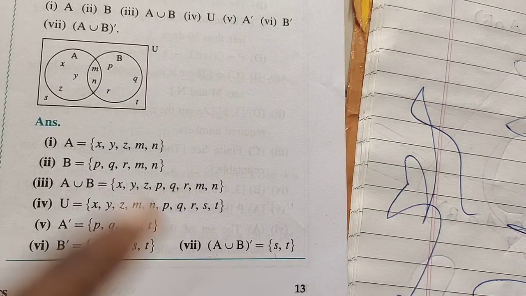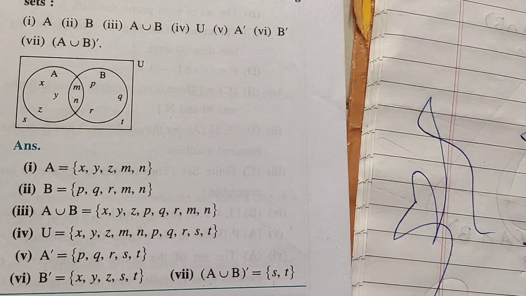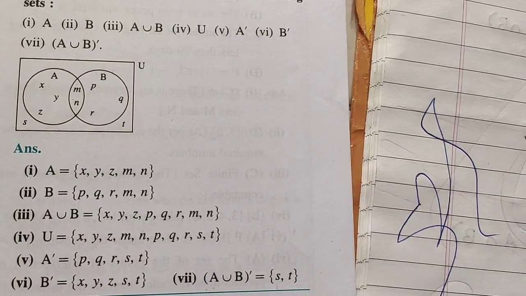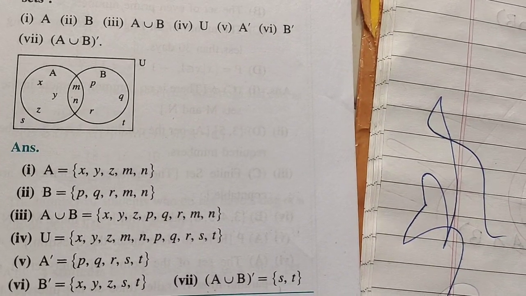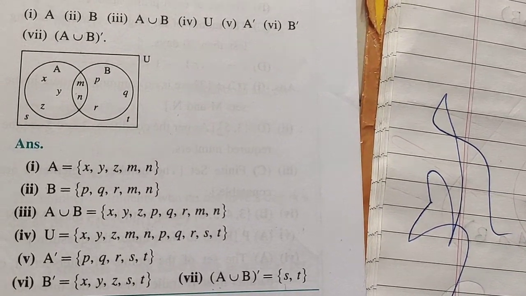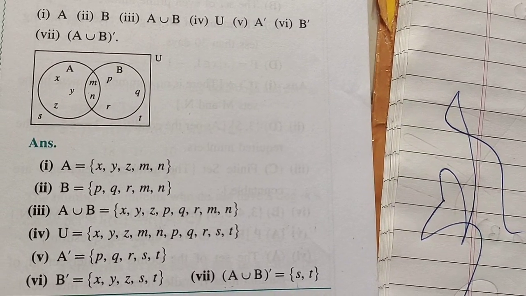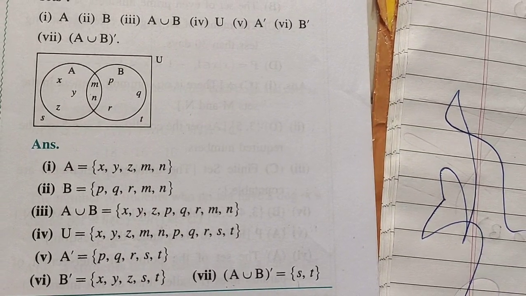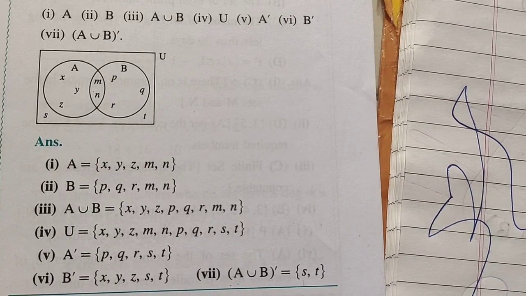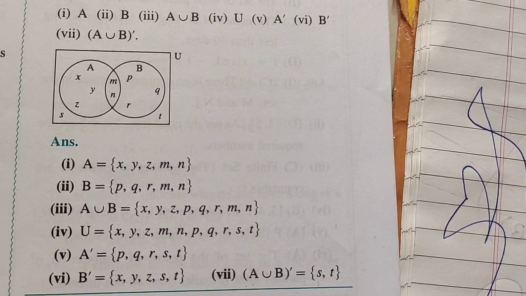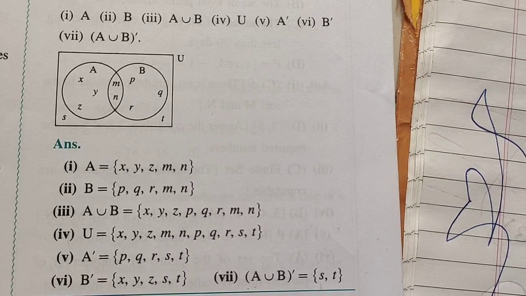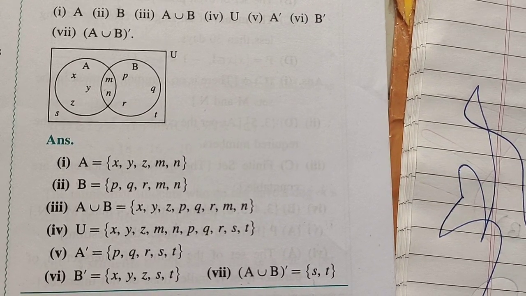So in this way we have completed our practice set 1.4, and this completes your first chapter. Now you have to complete all these sums, and in the next lecture I want each and every student to click a picture of their notes and send it to me.